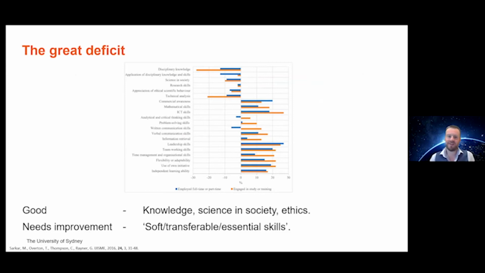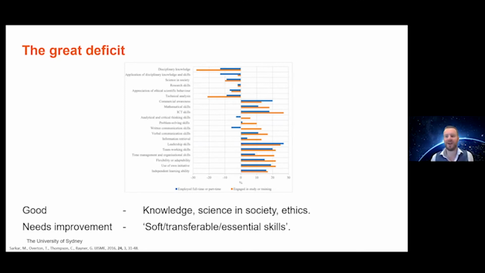In the graph itself, anything that goes towards the left, which is a negative percentage, is something that students felt they did develop once they got into the workforce. Those seem to be things like knowledge or application of that knowledge, maybe even a little bit about science and society. So they're quite happy with that.